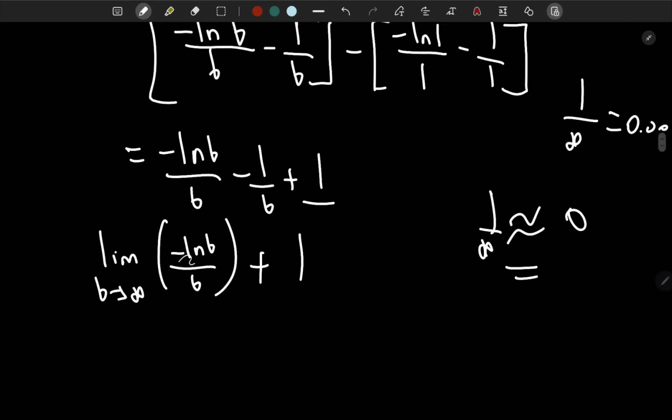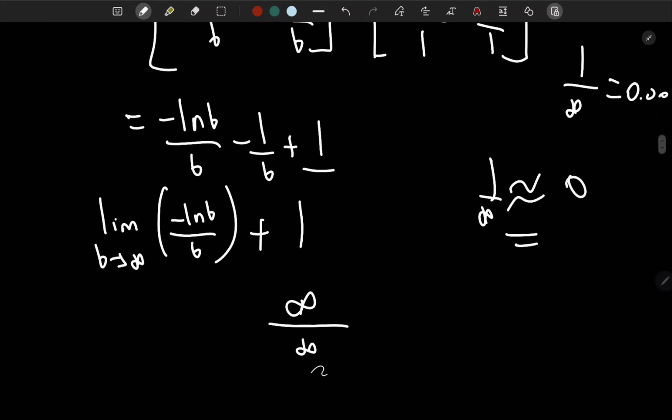Now if we substitute b with infinity over here, what will we get? Ln infinity is infinity, right? So I'm going to write infinity, and b over b is also infinity. So now whenever we have infinity over infinity, or let's say 0 over 0, we need to use L'Hopital's rule.